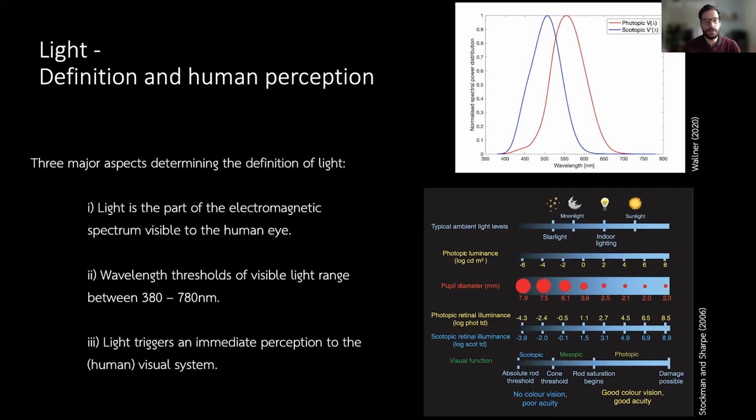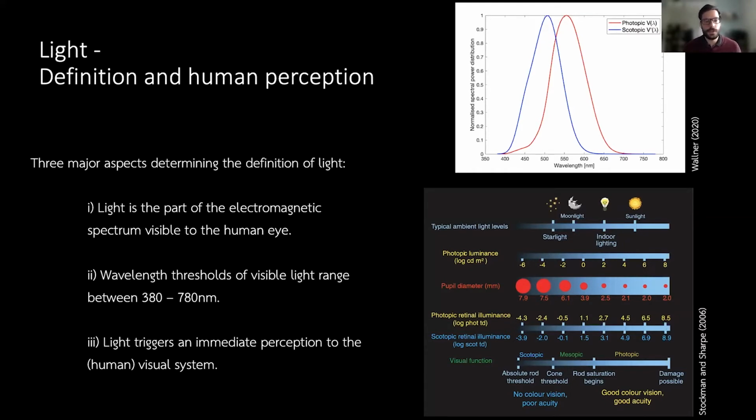The first one is, like discussed before, that light is this part of the electromagnetic spectrum visible to the human eye. So now we defined the detector of this light, of the visible light, which is in fact our human eye. The second one, and this was a discussion for a very, very long time and still is: what exactly are the thresholds of visible light?